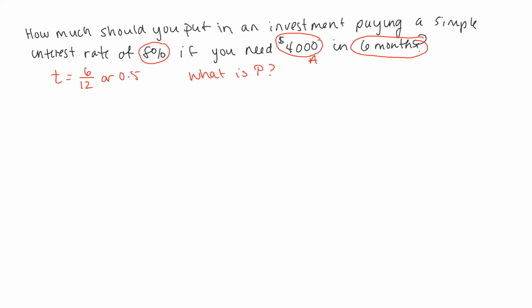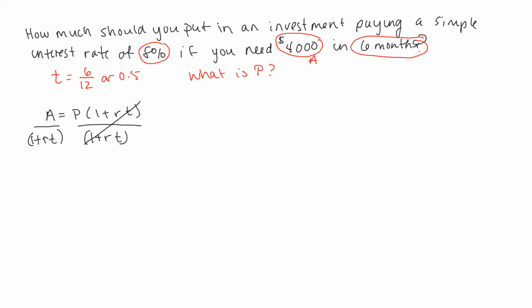Now, we have the formula A equals P times 1 plus RT. We can use this formula and then solve for P, or I know the issue with P is that it's being multiplied by 1 plus RT. So if I take both sides of this formula and divide it by 1 plus RT, that would give me P by itself.